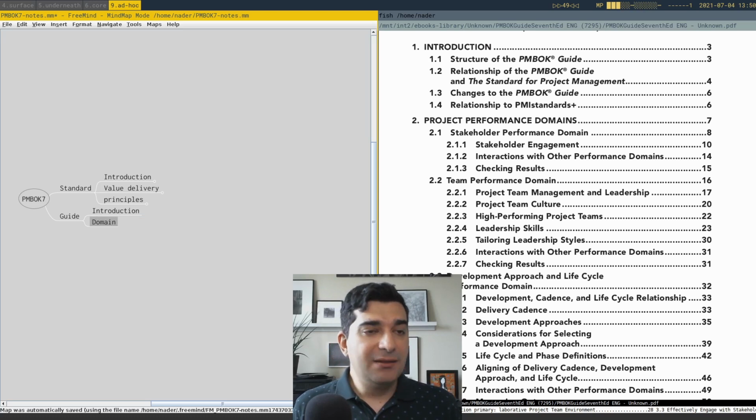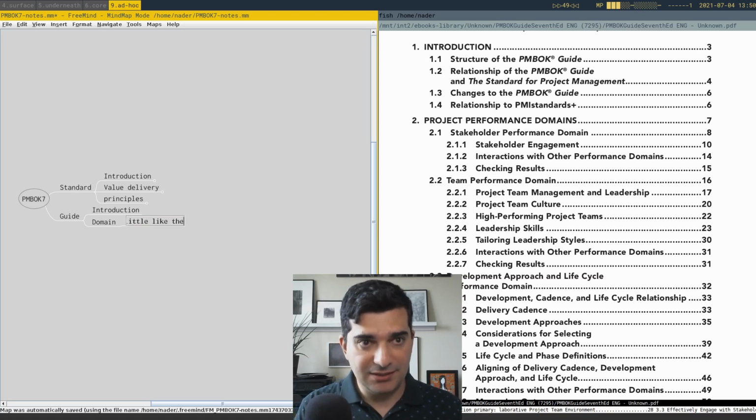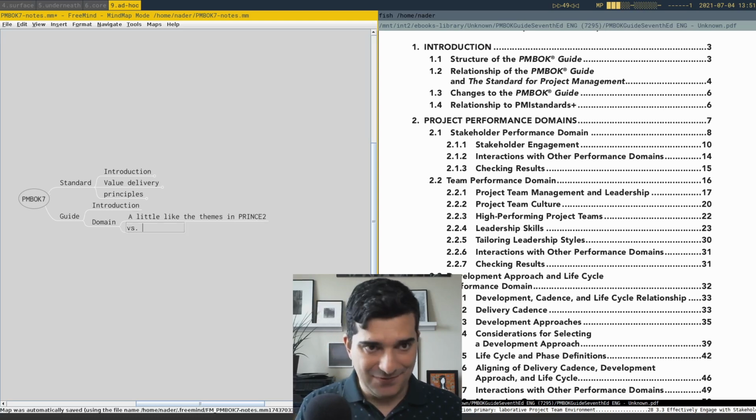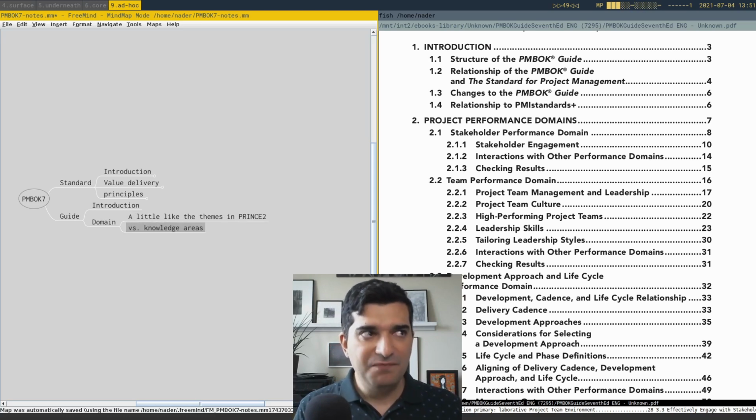It's a little bit like the themes in Prince2. And on the other hand, you may be thinking that it is the knowledge areas in the previous versions versus knowledge areas. And the answer is no, not really.